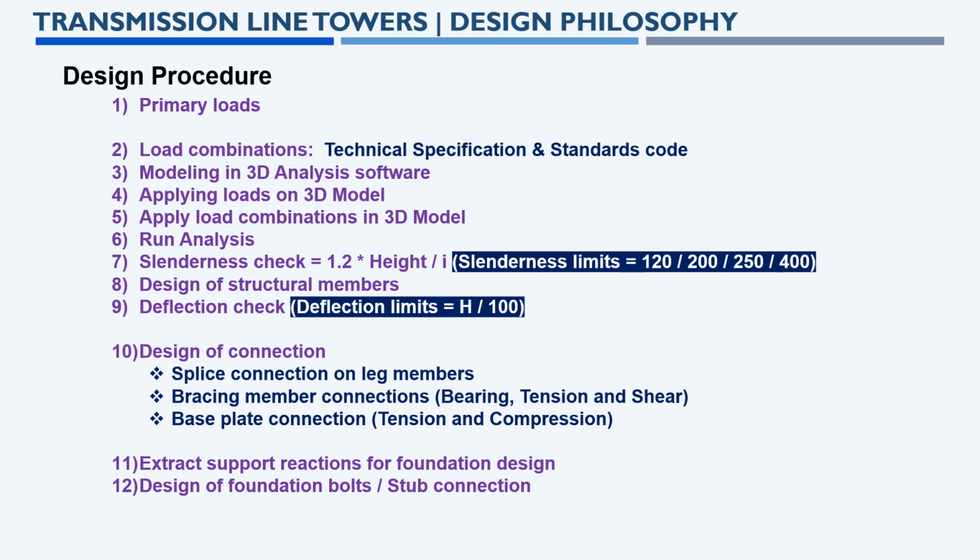And bracing member connections, in this we need to check bearing, tension and shear. Base plate connections, tension and compression. Next we need to extract the support reactions for foundation design. And finally the design of foundation bolts and stub connections and the foundation design. So these are the general procedure for transmission line tower design.